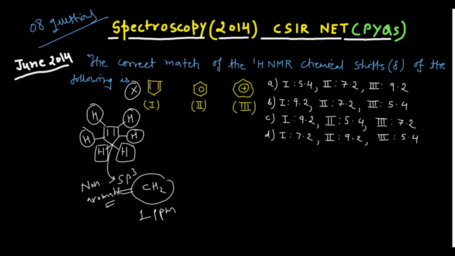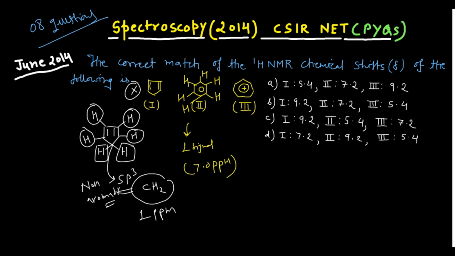But if you focus on the other things, like your second molecule, this benzene has all the hydrogens of the same kind, so it will definitely produce one signal in the proton NMR spectrum. And you know benzene protons resonate around 7.0 ppm.